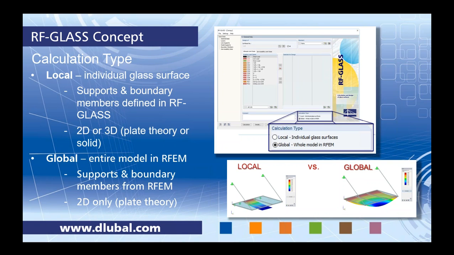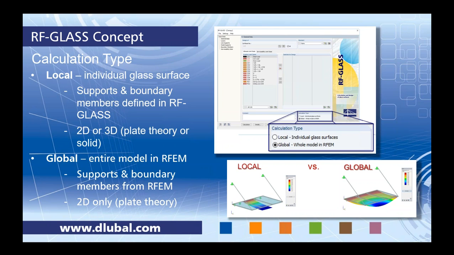You're probably wondering, why would I ever want to do a local calculation if I have to redefine supports and boundary members? There are two reasons for that. One, like I said, we cannot do a 3D solid analysis with a global calculation. So if you have insulated glass, or maybe very thick glass layers where plate theory won't give you accurate results, the only option is to run a local calculation.